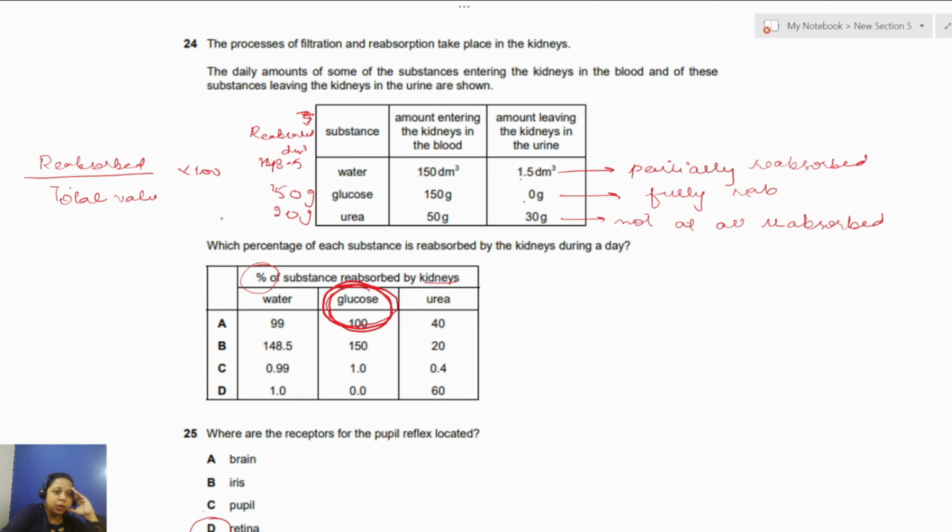For water, reabsorbed was 148.5, total is 150, multiplied by 100. For glucose, it's 150 divided by 150. For urea, reabsorbed is 20, total is 50. This is how we calculate the percentages.